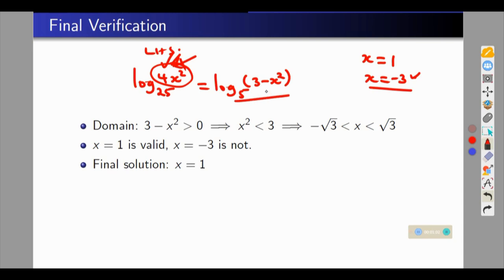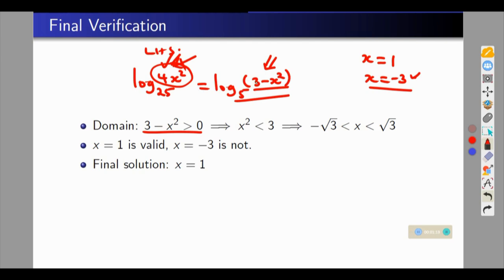But when we look at the right hand side, you realize you have 3 minus x squared. So not for all values of x will this expression remain positive. So this will be considered as our domain.